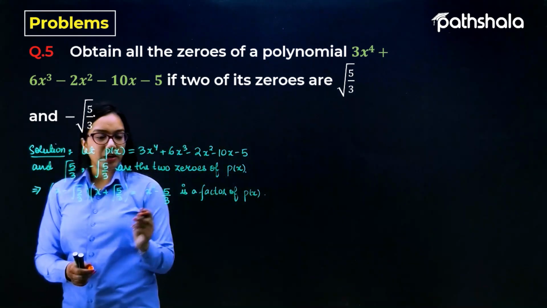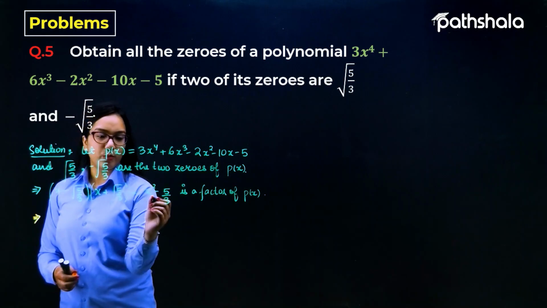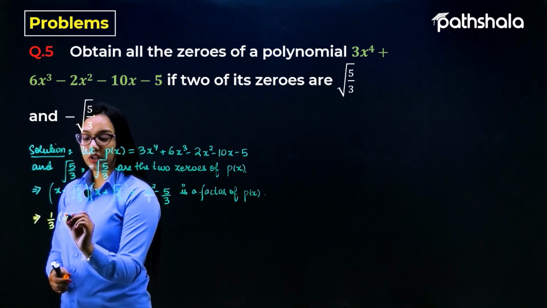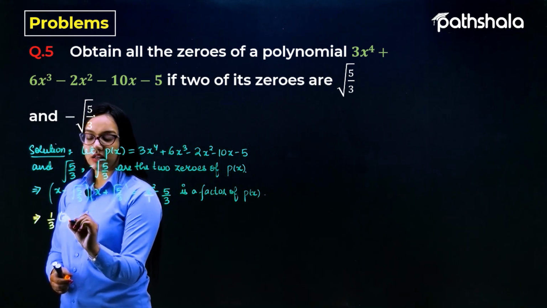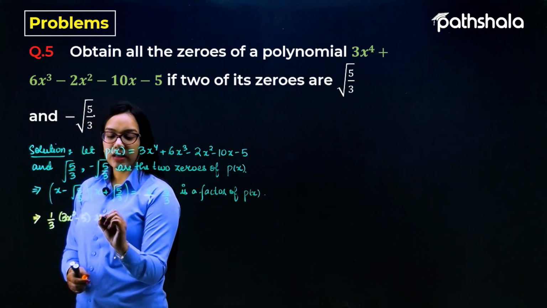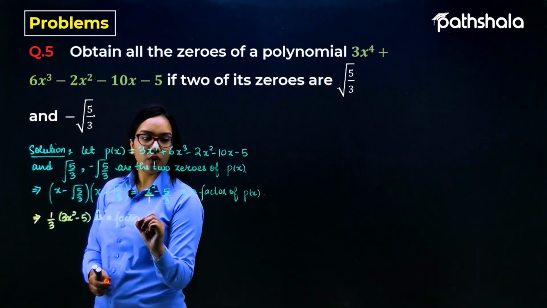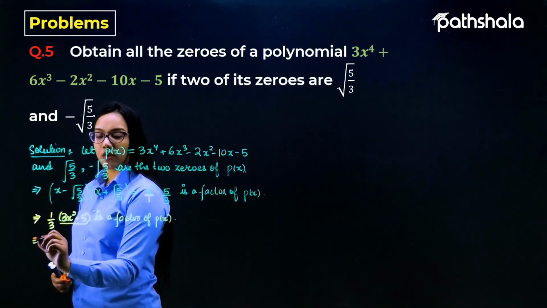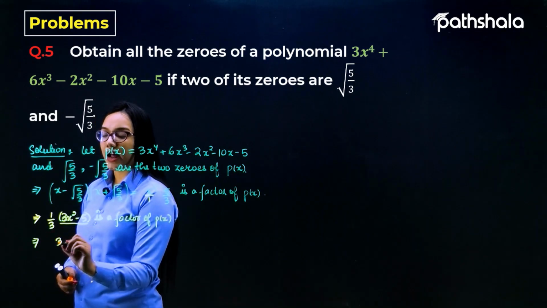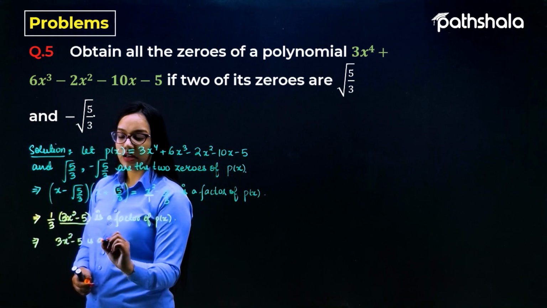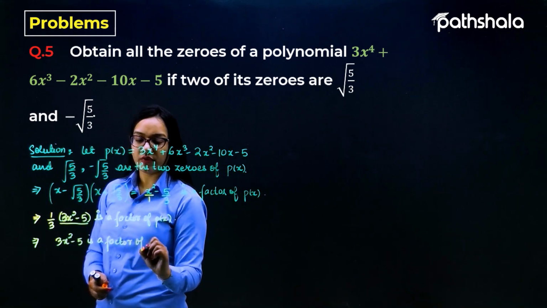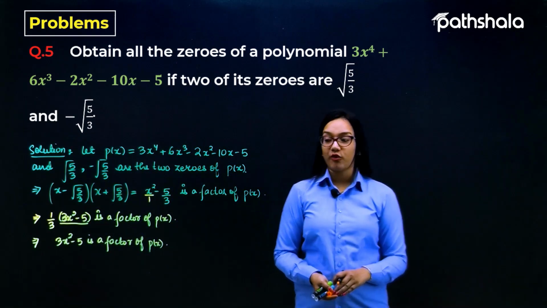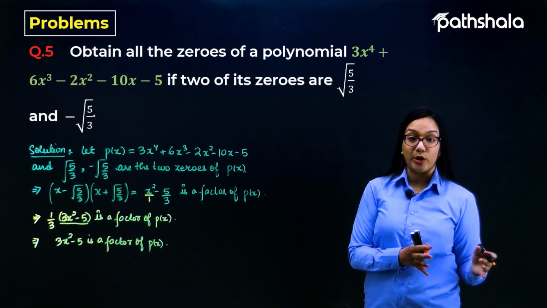Furthermore, taking the LCM, we can write this as 3x square minus 5 is a factor of p of x. So if it is a factor, then it can divide the polynomial p of x.